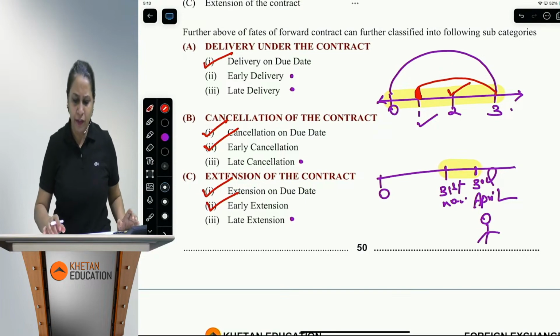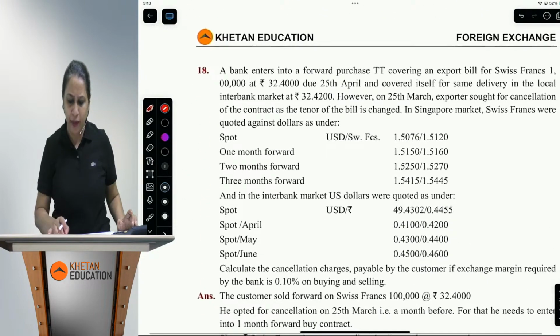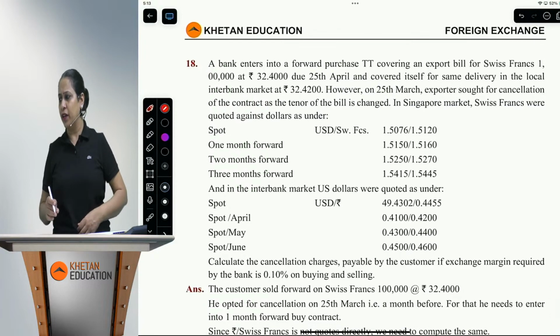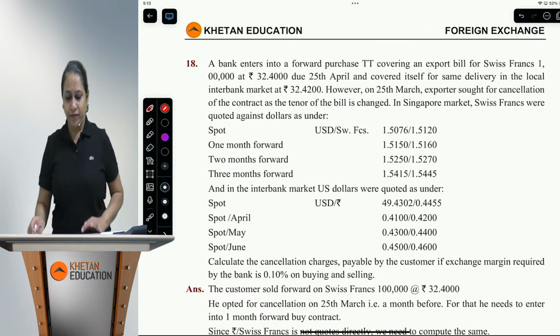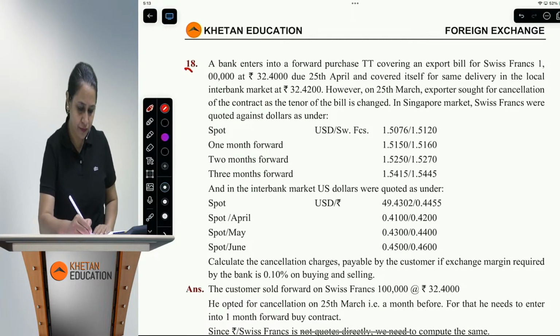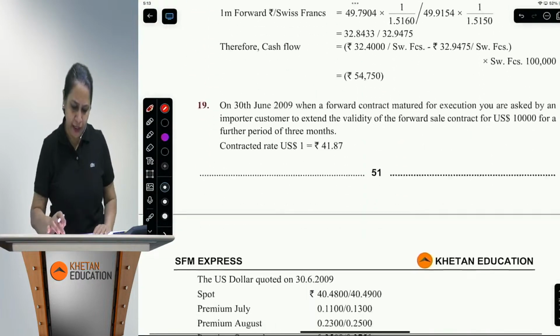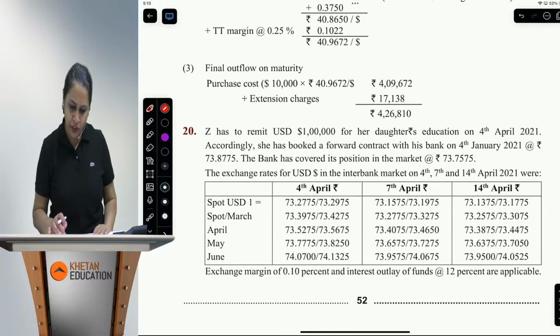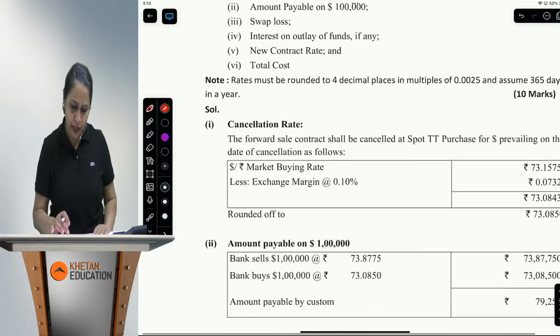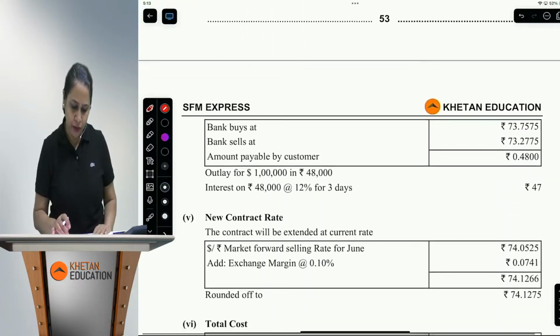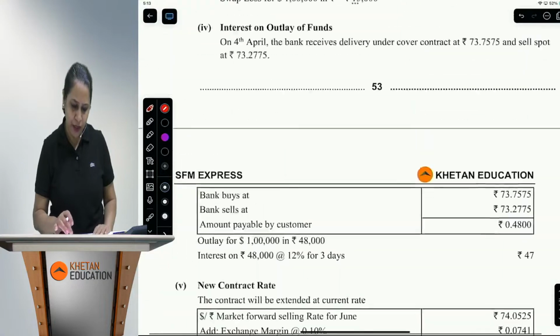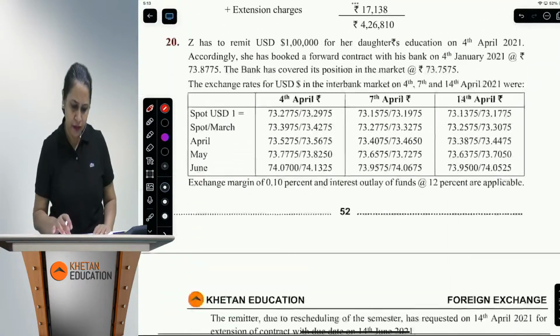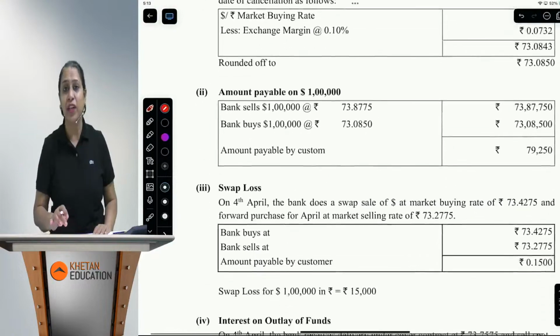So guys, can we move ahead with the examples? I think that would be better for us, and you will understand it is not very difficult. I will do question number 18, question number 19, and then we can do question number 20, of course. And then 20 and 23 we can do.